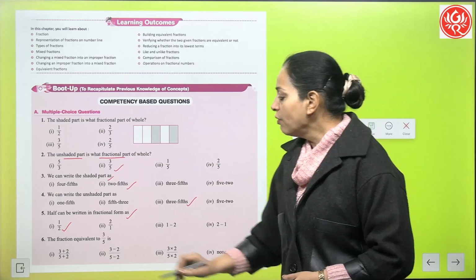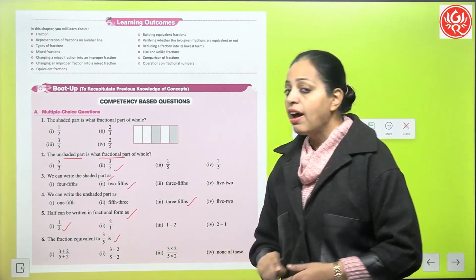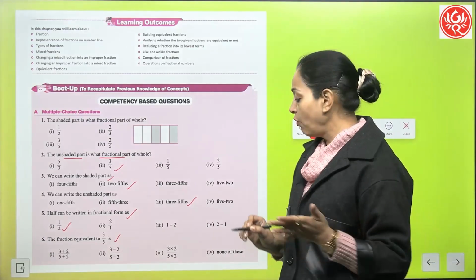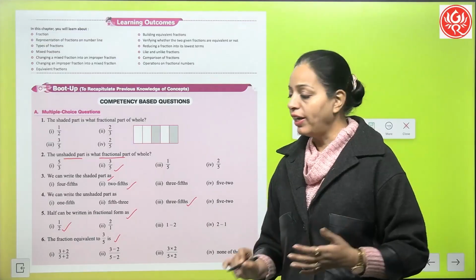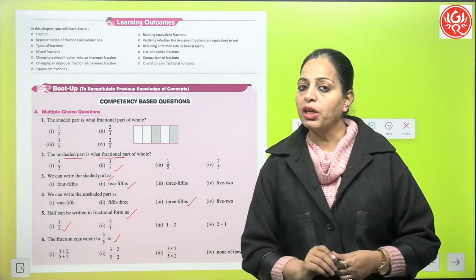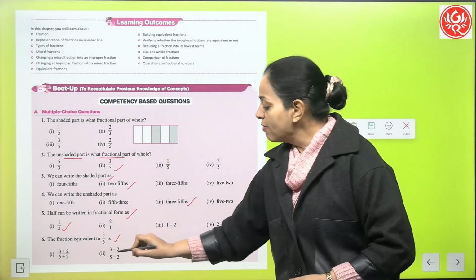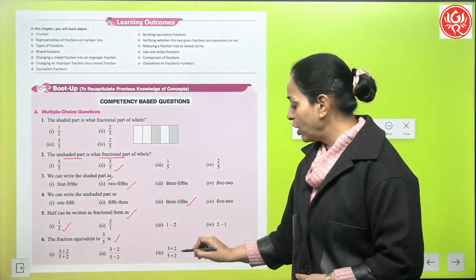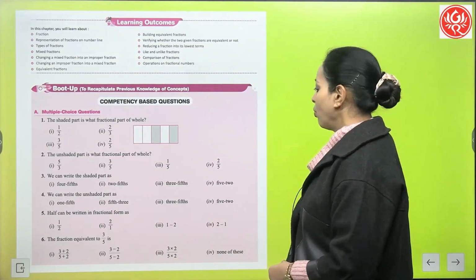The sixth one, the fraction equivalent to 3 by 5 is, if we have to find an equivalent fraction, then what to do? Either multiply or divide numerator and denominator by the same number. We cannot do addition, we cannot do subtraction, we can do multiplication. So this is the answer, right?